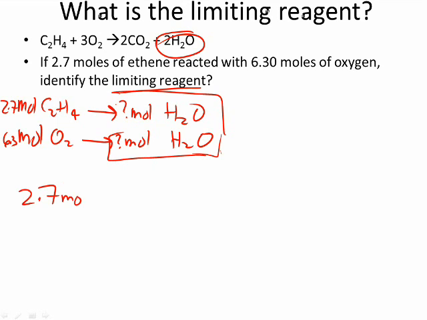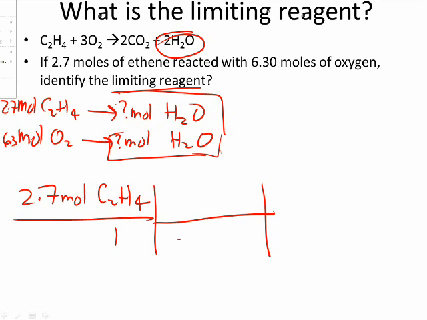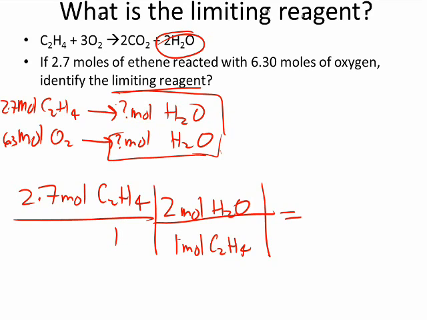2.7 mole of C2H4. We're just going to do a mole to mole ratio. From the equation, we have 1 mole of C2H4 and 2 mole of H2O. That equals 5.4 mole of H2O.